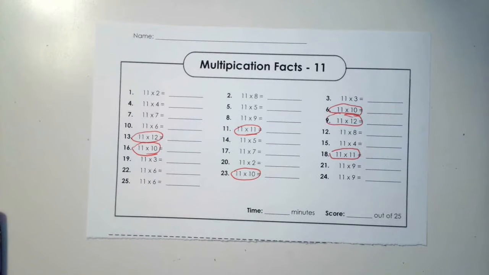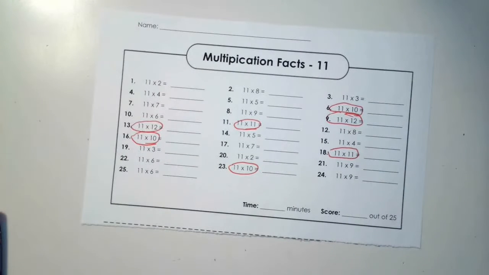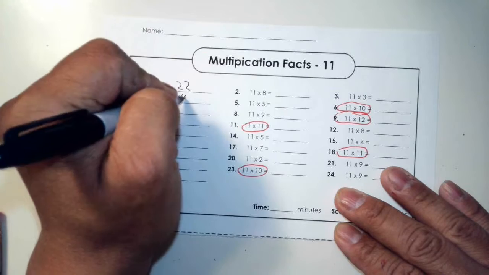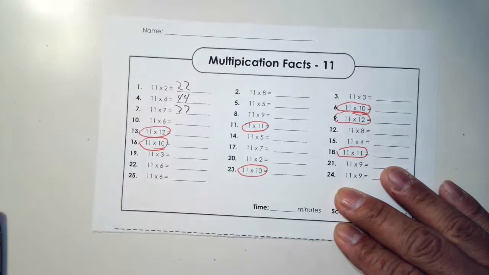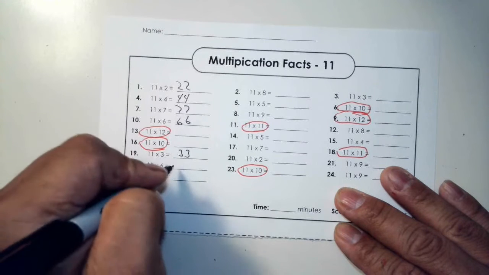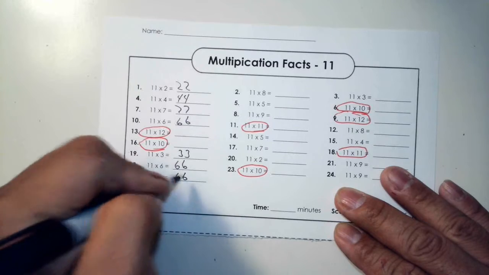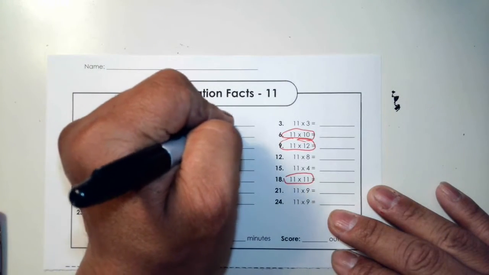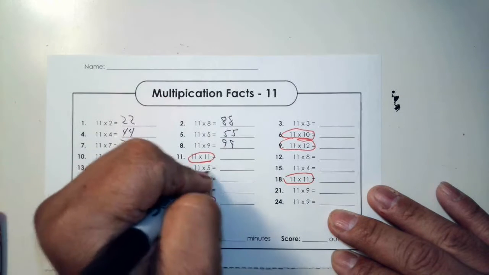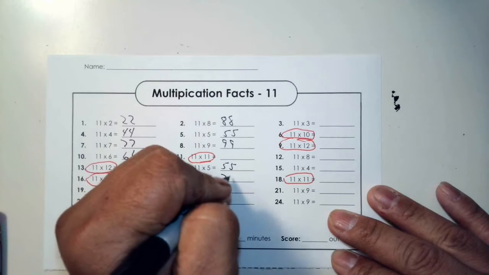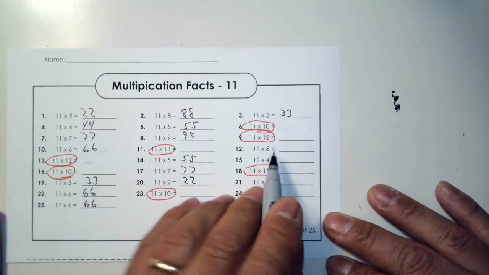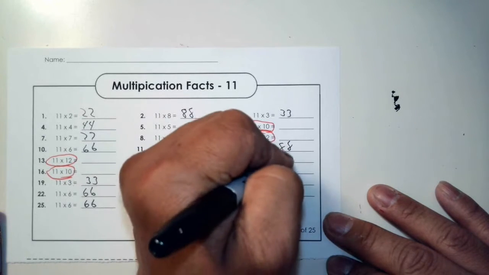So, when I say that the product is the other number doubled, here's what I mean by that. 11 times 2, 22. 11 times 4, 44. 11 times 7, 77. 11 times 6, 66. 11 times 3, 33. 11 times 8, 88. 11 times 5, 55. 11 times 9, 99. 11 times 2, 22. 11 times 4, 44.